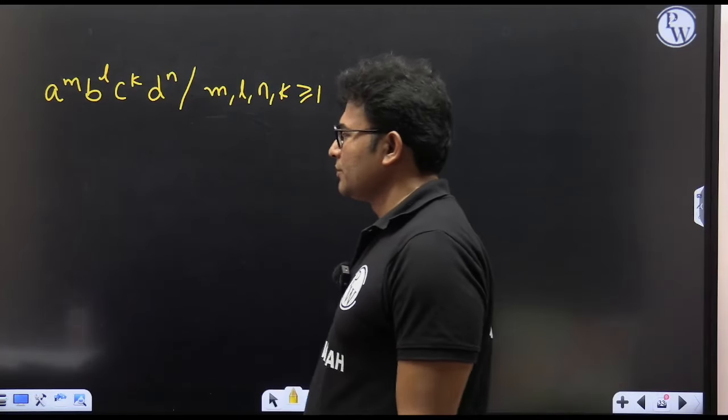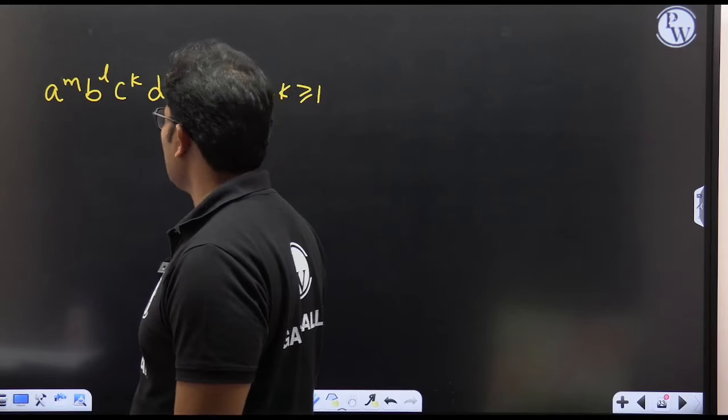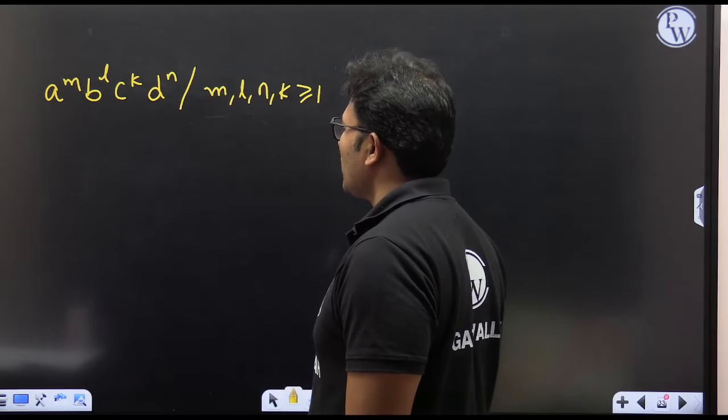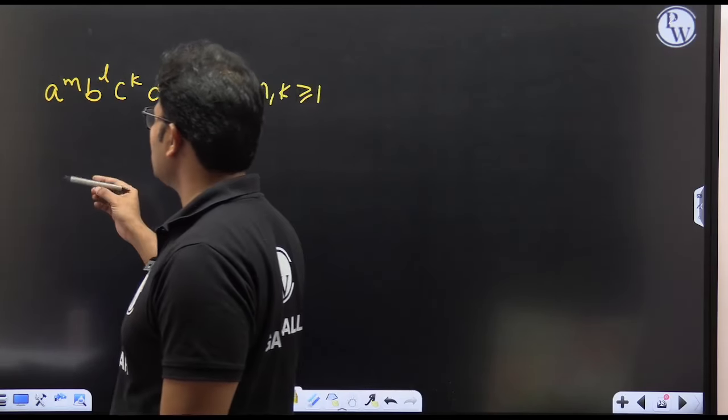Think about it. m, l, k, n all are unrelated and all of them are greater than or equal to 1. So what is this language?